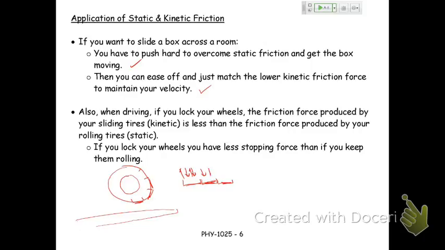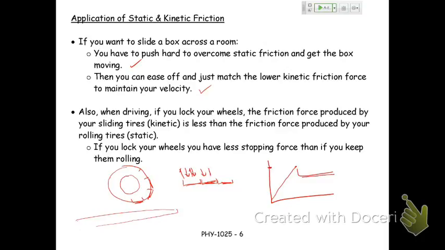So that's not kinetic friction, which is one surface sliding across another. That's static friction. And if you think back, the maximum static friction force is always higher than the kinetic friction force. So if I can get my wheels to not lock, but be on the edge of locking, it's called the point of slipping.